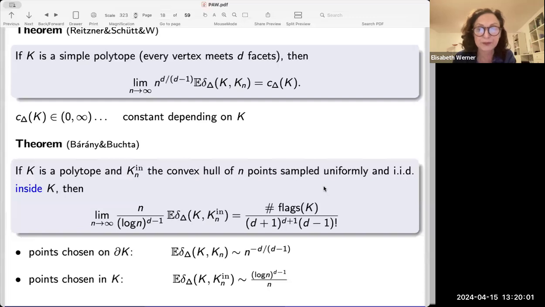And when the points are chosen inside K, we get log n to the d minus 1 over n. And of course, the first quantity is much smaller than the second, which is obvious because when we choose the points on the boundary, we already have a chance to be closer in approximation with respect to symmetric difference metric than choosing the points inside.